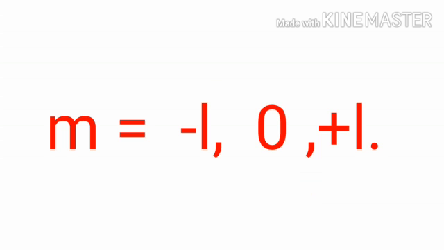Third one is magnetic quantum number, proposed by Lande and shown with the letter small m. It has values starting from minus l and ending at plus l, including 0. That means this value depends on the azimuthal quantum number value and it tells about the orientation of the orbitals.